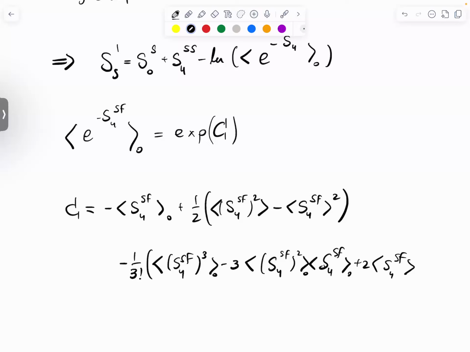All of these are taken with the zero theory, and so on and so forth. This is the cumulant expansion.